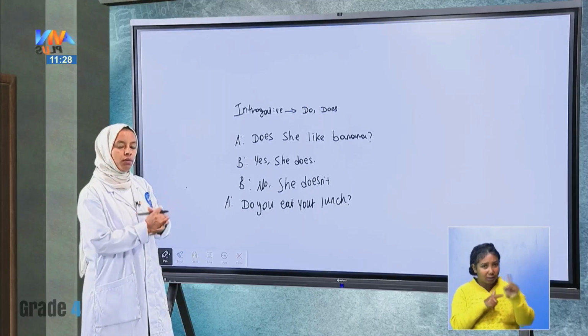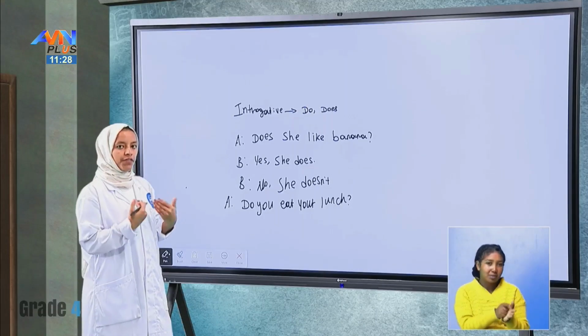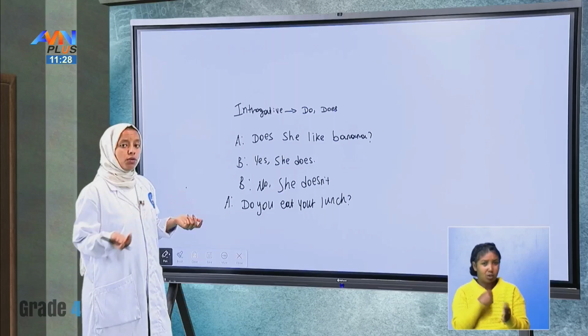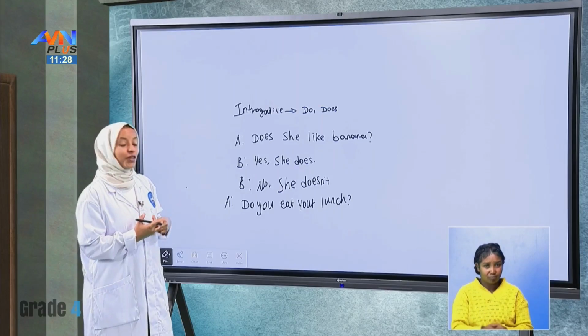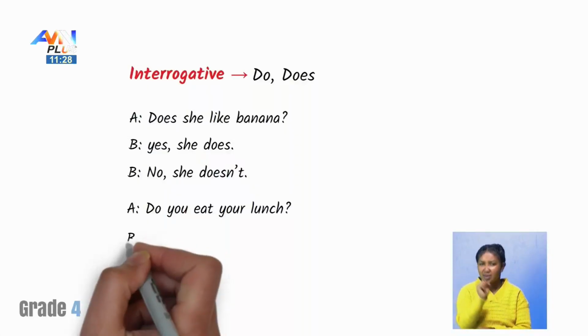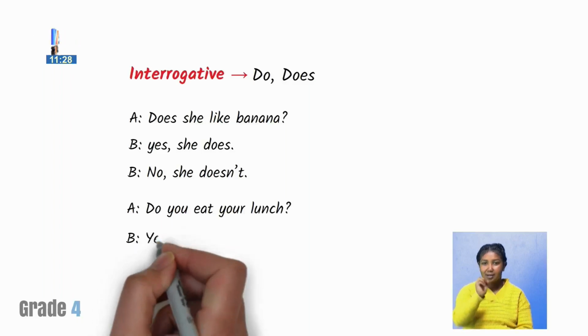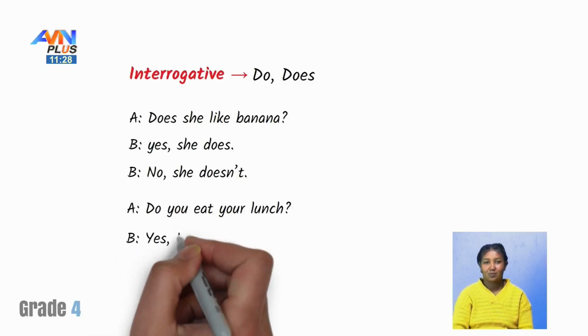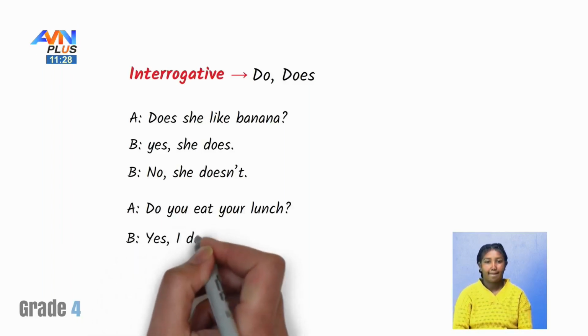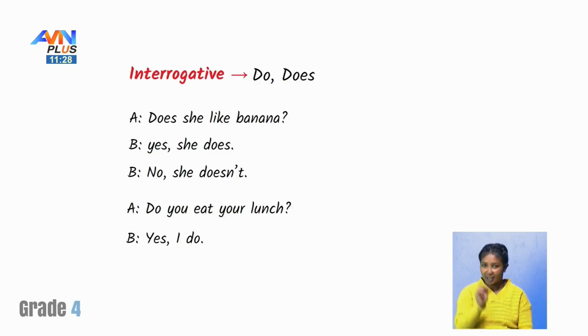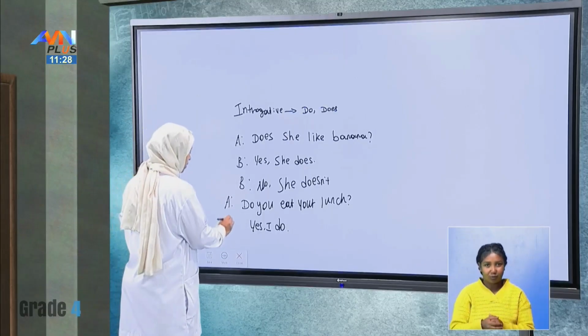So what can you say? For example, for me, if somebody asks me, do you eat your lunch? For example, what can I say? Yes, I do. But that can be like student B here.